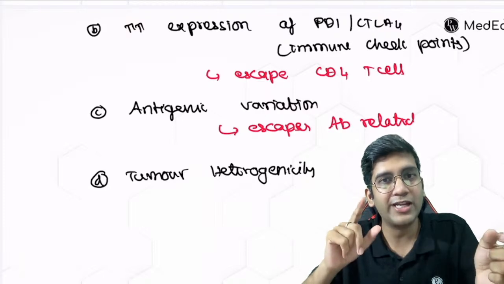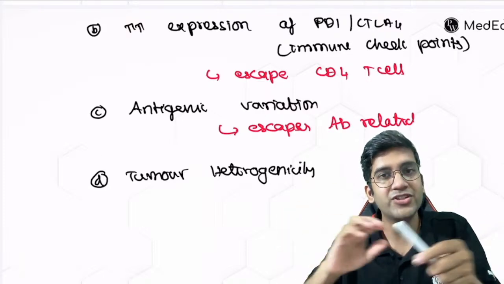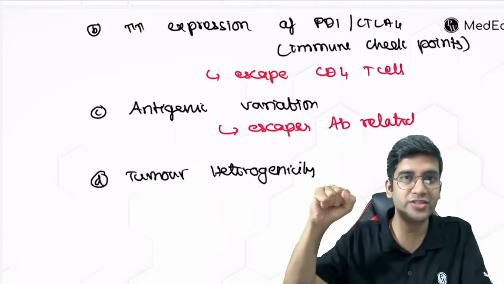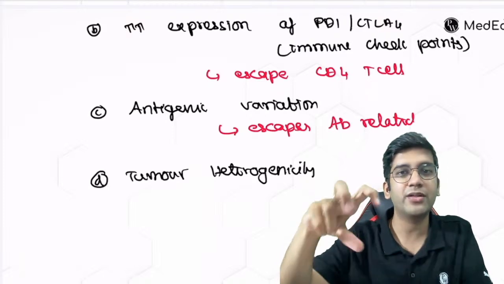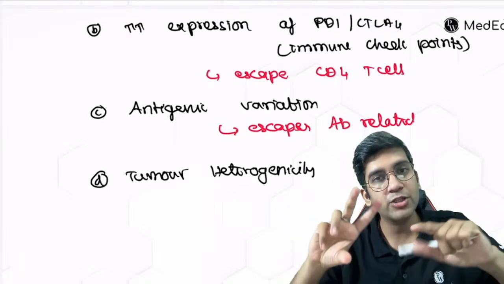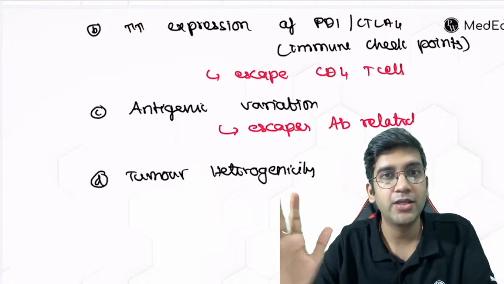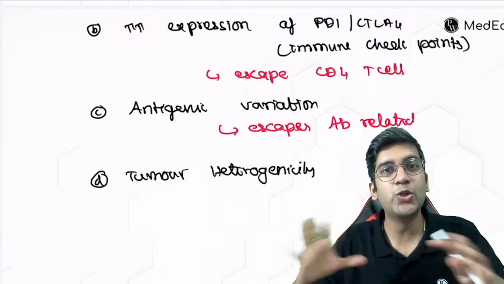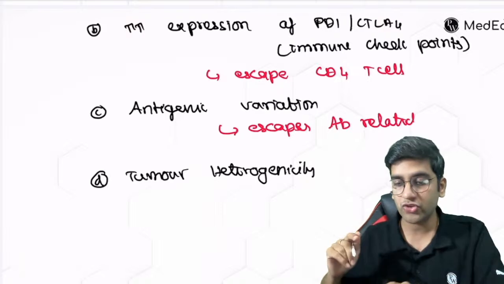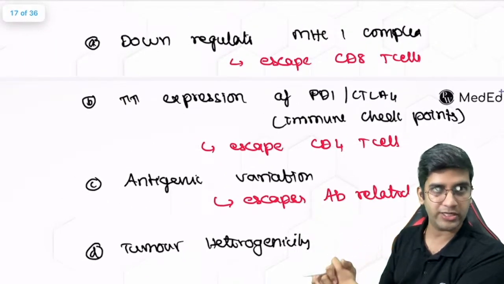I cannot produce one antibody, and my body cannot produce 1,000 antibodies. So it's very, very varied. If at all my immunity is successful in producing something to destroy them, it destroys 2% of the cells. 98% still divides, multiplies, produces 100 different variations in a span of a month. So it keeps on changing, heterogeneous. So my immunity cannot target them and destroy them, right? So these are the 4 simple steps by which a tumor can escape an immune response.